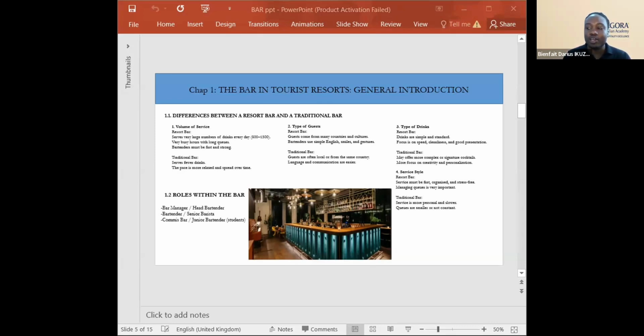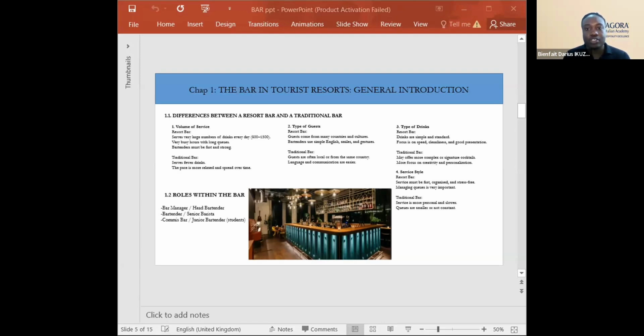They give the order of what to bring to the hotel, what is missing, and what can be added. Basically they are the manager of the stock, because if the stock is running low, they order other drinks or beverages. They also check the drink standards, they set the drink standards, and they train the team.